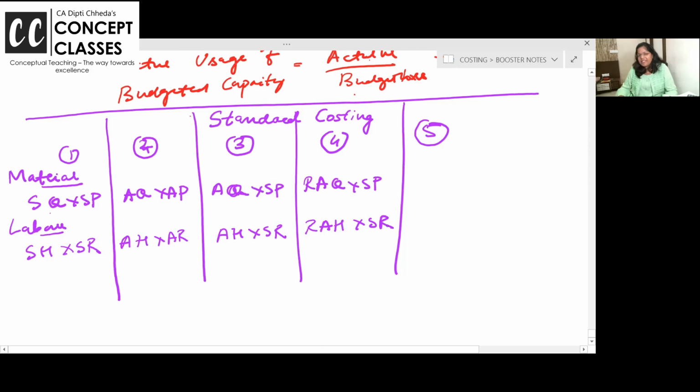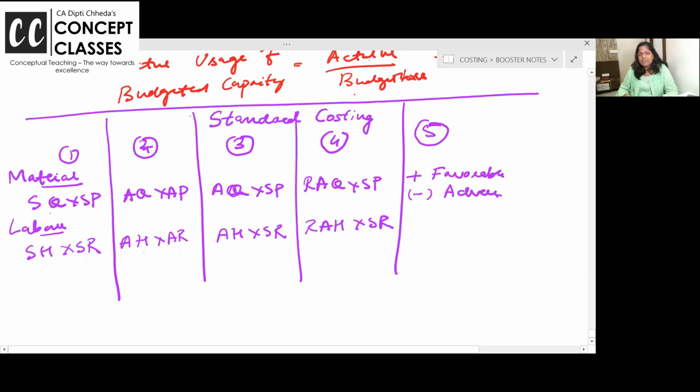Are you allowed to make these columns in the exam? Yes. But don't make that flowchart. Tomorrow without the flowchart, I'll make you practice. Standard hours into standard rate. Actual hours into actual rate. Plus is favorable. Your final answer is plus. Minus, so adverse.